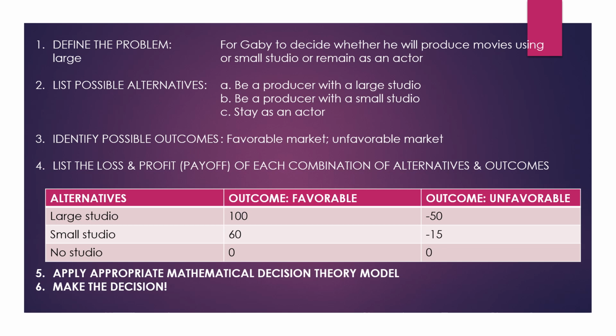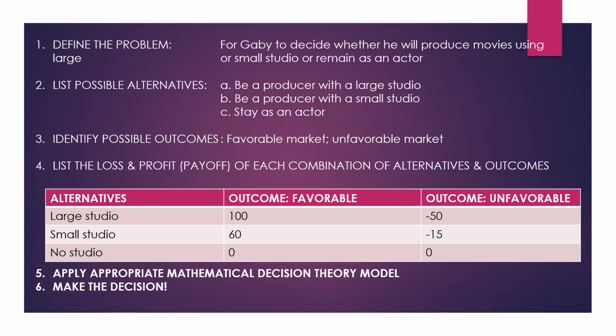So we go over the 6 steps. First, we define the problem: for Gabby to decide whether he will become a producer, and if he will become a producer, what studio will he construct, large or small, or remain as an actor. Second, the possible alternatives: be a producer with a large studio, be a producer with a small studio, and stay as an actor. Third, identify possible outcomes. The possible outcomes were mentioned in the problem: favorable market and unfavorable market.